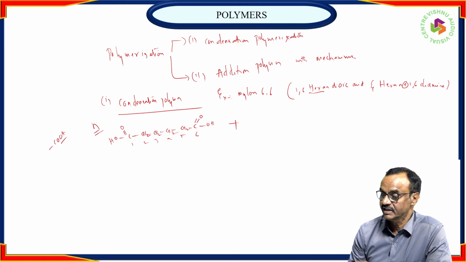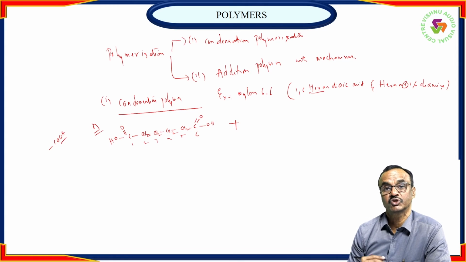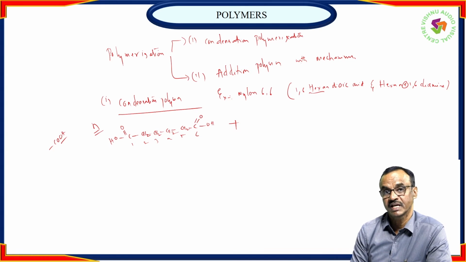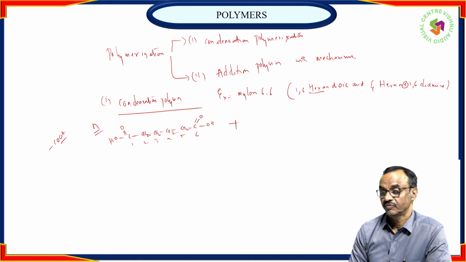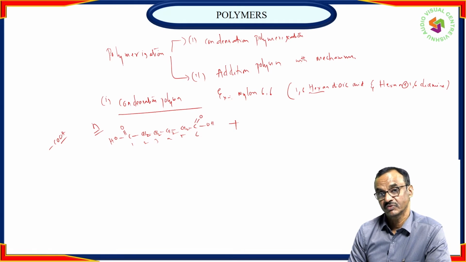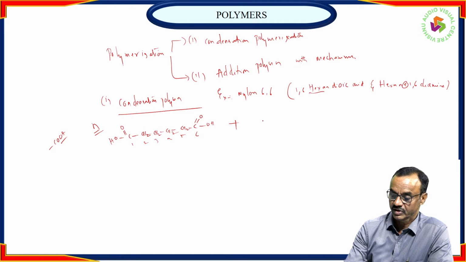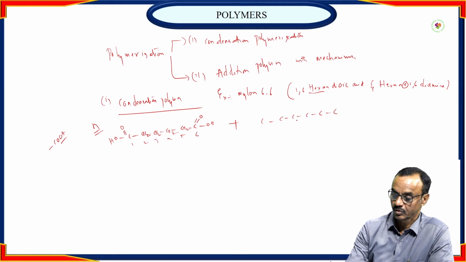Another is hexanediamine. NH2 groups are there on the first carbon as well as the last carbon of this chain consisting of 6 carbons. So hex: 1, 2, 3, 4, 5, 6.